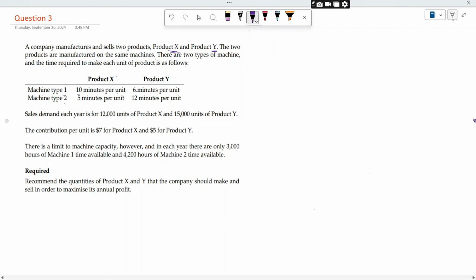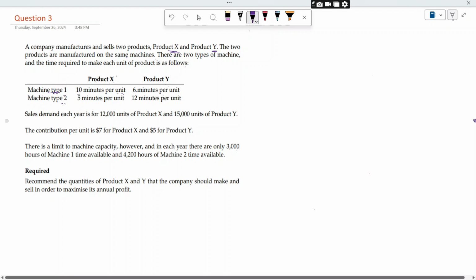We use 10 minutes per unit. Then when we finish that, we use 6 minutes per unit to produce Y on the same machine type 1. The same applies to machine type 2. So we will manufacture X on it and we will manufacture Y on it. And that is what this statement means. The two products are manufactured on the same machine.